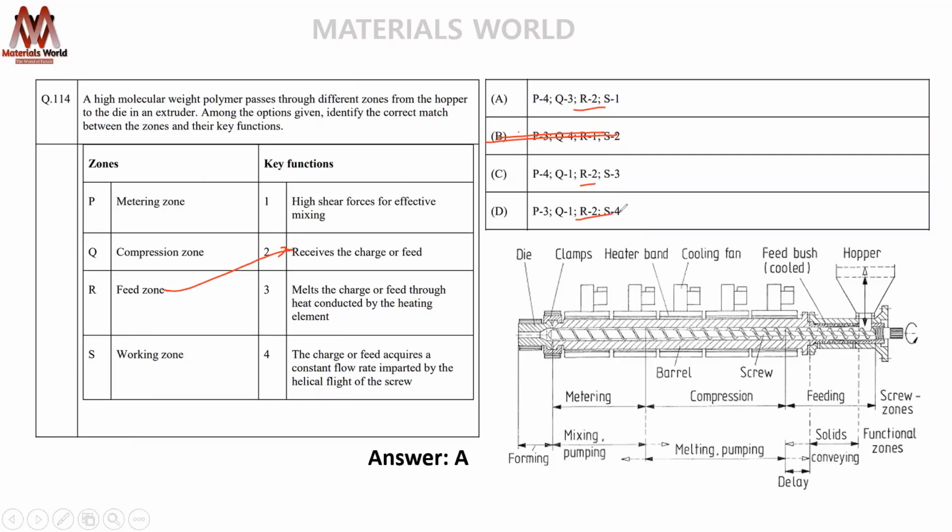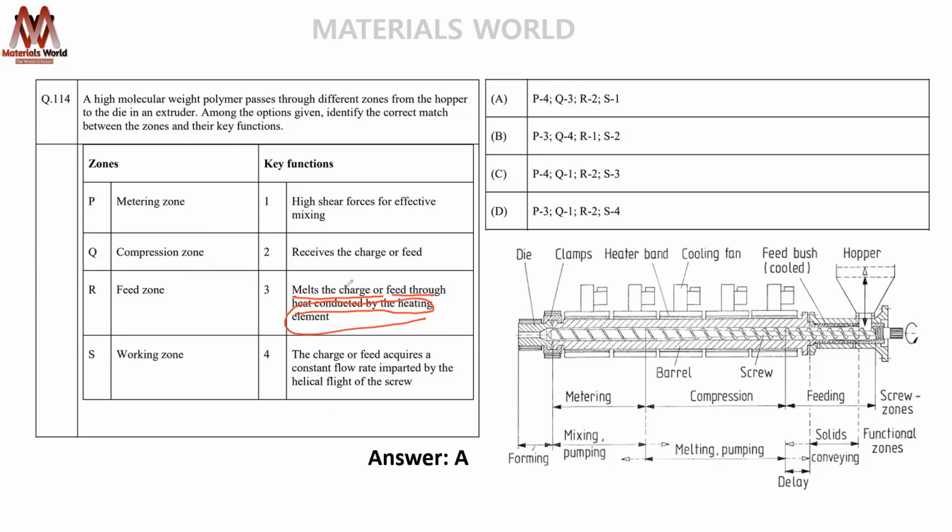Now normally, the compression zone compresses, so we may feel that it will induce very high shear forces and effective mixing. But if you look at the key function very carefully, it says in 3: melts the charge or feed through heat conducted by the heating element.